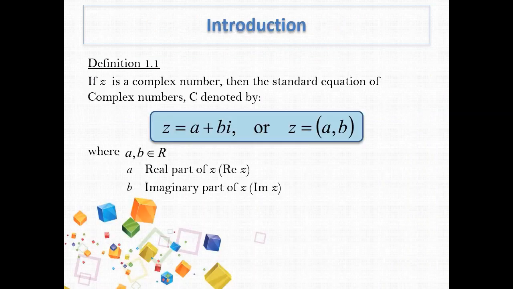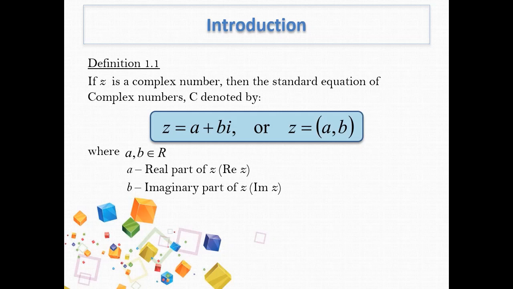Okay, so this is the proper way of writing a complex number: Z equals a plus bi. Here a is the real part, and b is the imaginary part of Z.